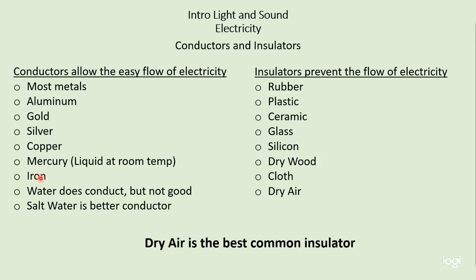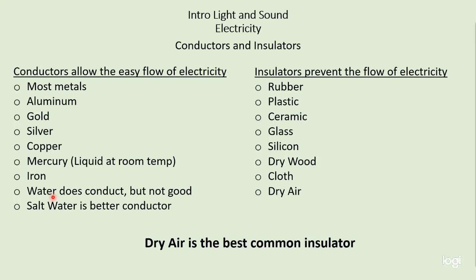Water is a conductor of electricity. It's not a great conductor, and again, it can be dangerous, but it's not as good a conductor as you think. Salt water, though, is a much better conductor. The sodium that's in the water allows salt water to conduct better.